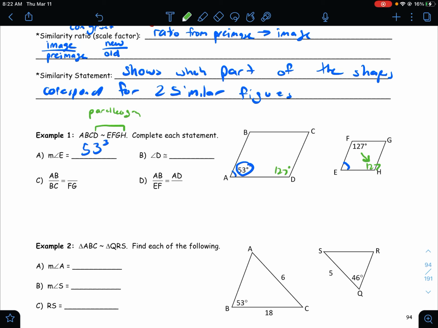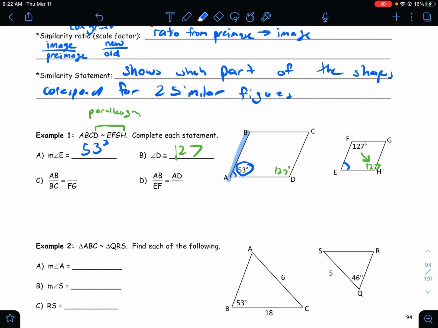Now, again, with similar figures, the angles are congruent. However, the sides are not congruent. They have to be proportional. We're going to talk a little bit more about that, and that's what comes up next. So we have that AB is proportional to BC.